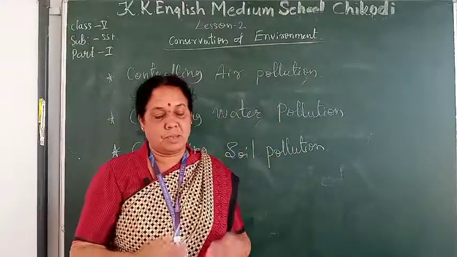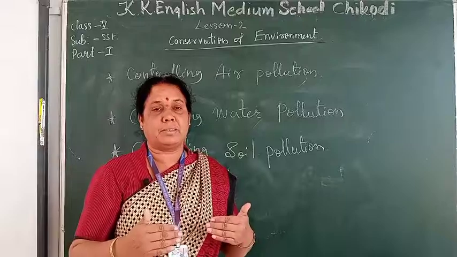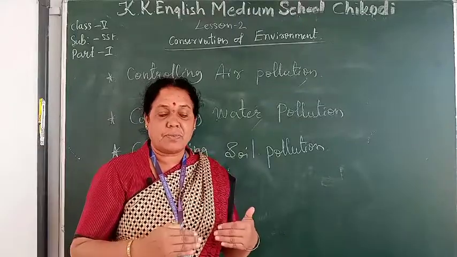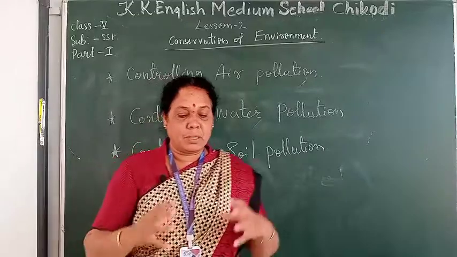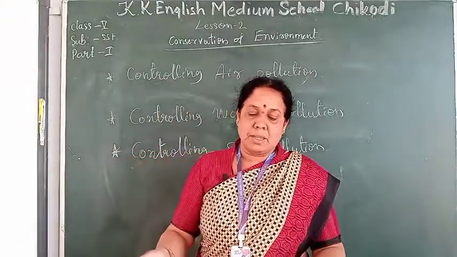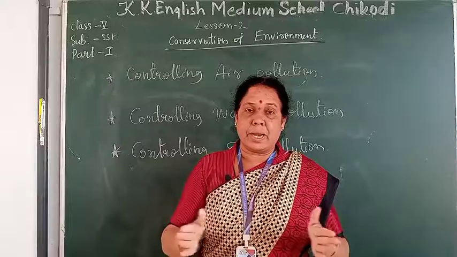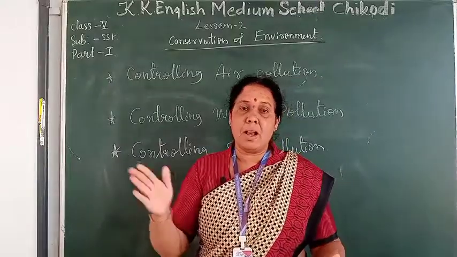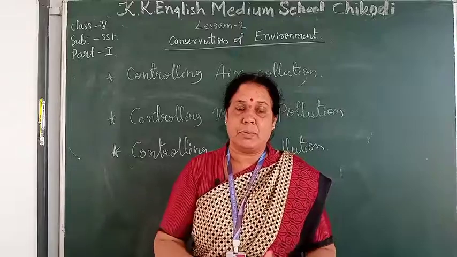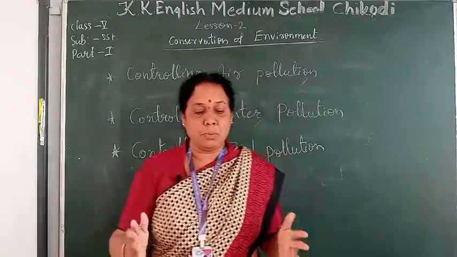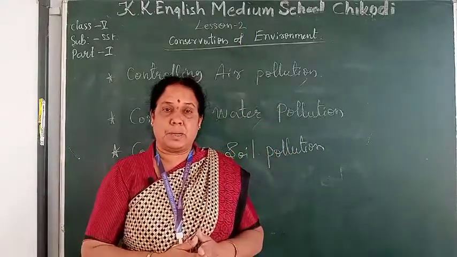Yes, dear students, if we follow these points, start from your home only. Whenever you put waste in the garbage, you should separate it as biodegradable and non-biodegradable. First, we will start from our side only. So it is helpful to control soil pollution.